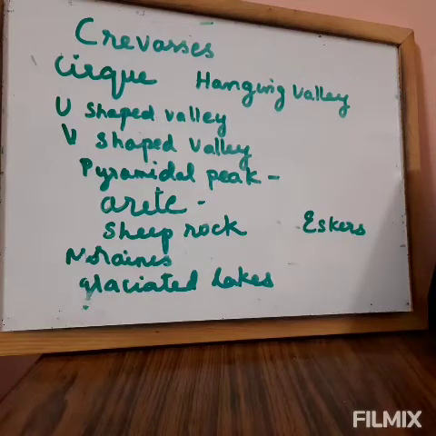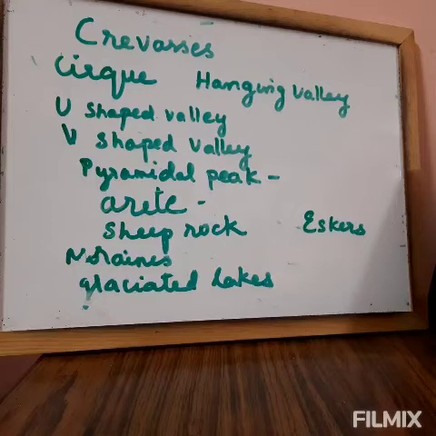Then you find hanging valleys, that is, the tributaries. They come, they erode, and suddenly they fall down. Such places are called hanging valleys. The sediments or rocky materials which are carried by the glacier are called moraines.